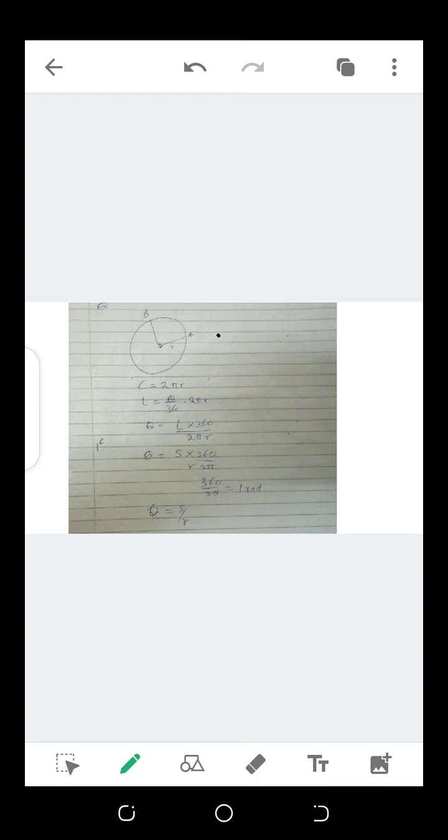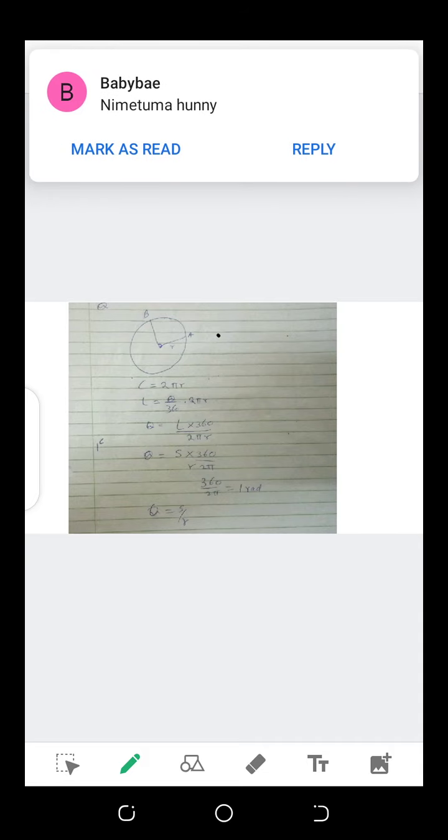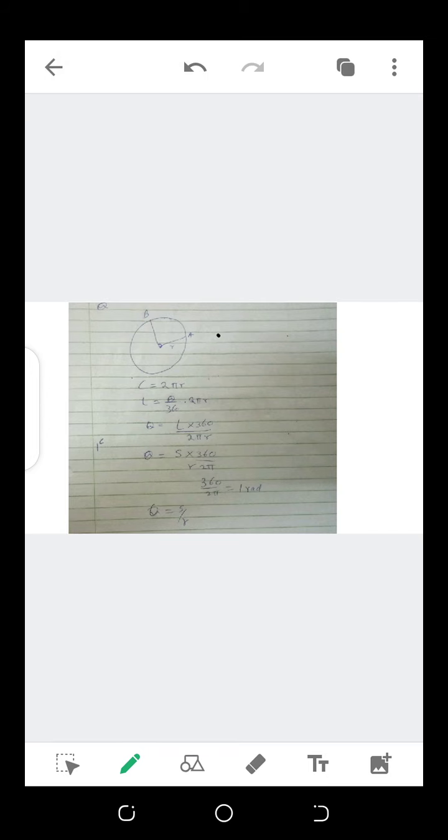In our previous class we agreed that L is S, the distance between A and B. So replacing L with S, theta is S multiplied by 360 over 2 pi r.